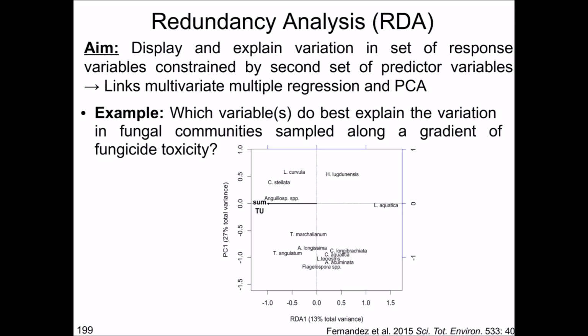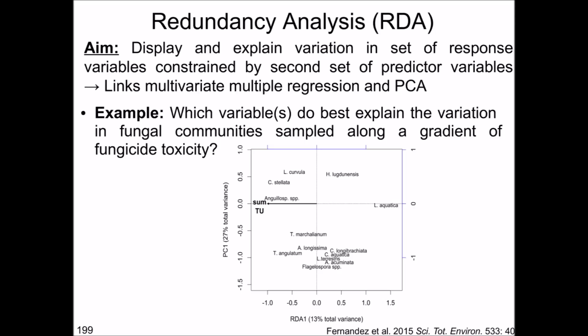An example where this technique has been applied is a study where we analyzed the occurrence and the densities of different fungal species along gradients of environmental variables, and we asked which variables best explain the variation in the fungal communities sampled along a gradient of fungicide toxicity.